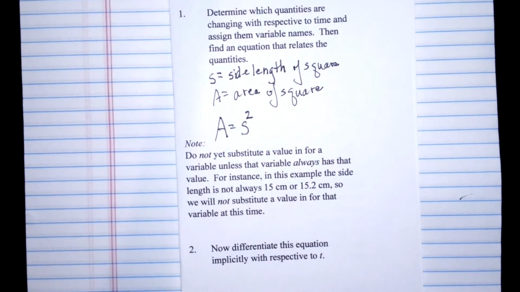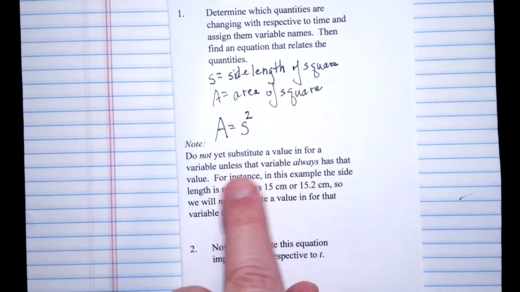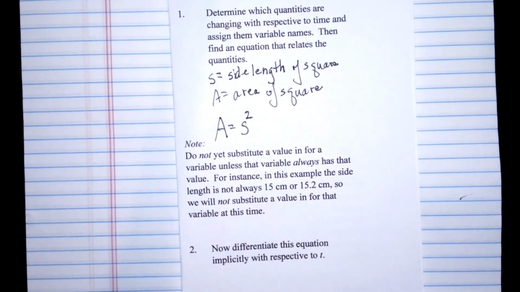Do not substitute in 15 for S. Do not substitute a value in for a variable unless that variable always has that value. For instance, in this example, the side length is not always 15 centimeters or 15.2 centimeters or any other particular length. It's changing, so don't substitute in a value until after you differentiate.